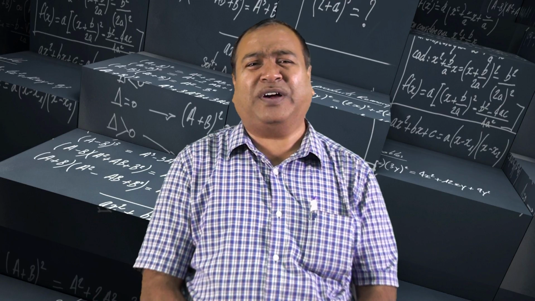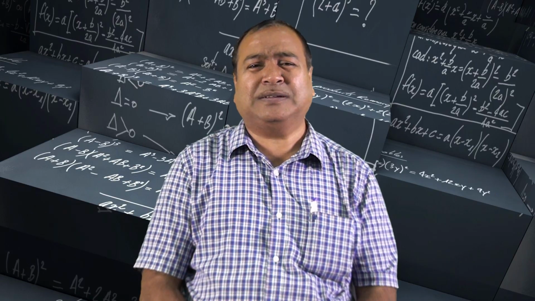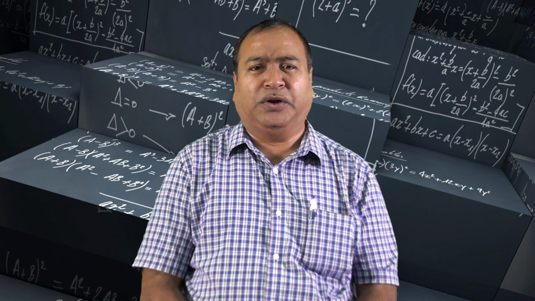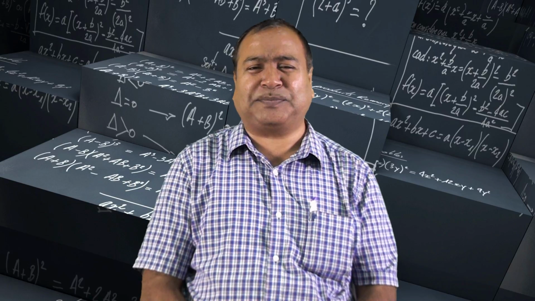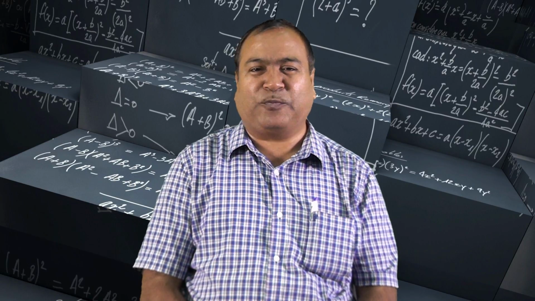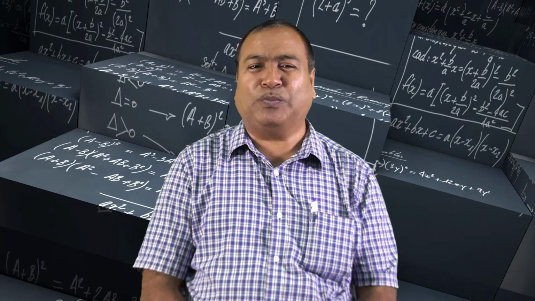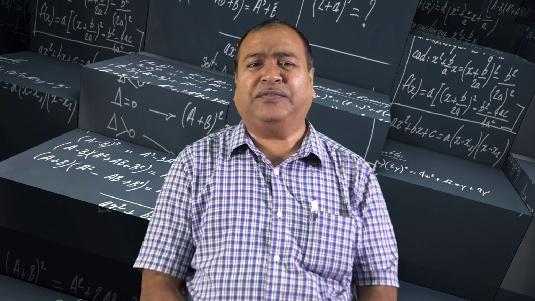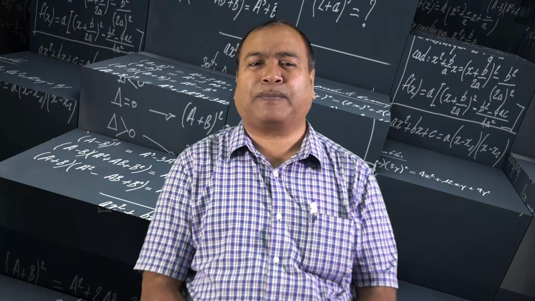Now let us try to find the square root of some numbers by using this simple trick. Let us take the square root of 841. To find the square root, we have the following steps. Step 1. Divide the number into two parts by taking the unit and tenth digit together as one part and the remaining digits as the other part. Let us identify these two parts by putting bars below them.